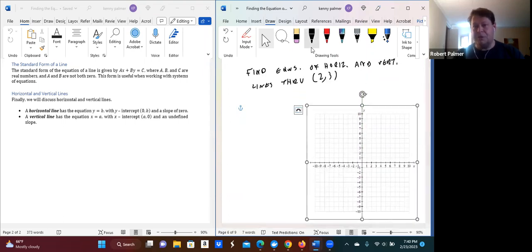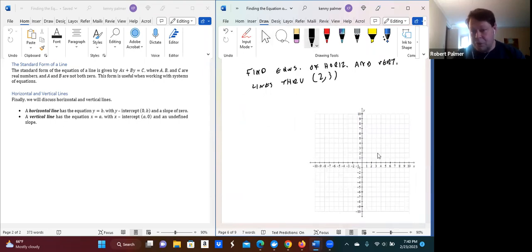Okay, so first, let's just find this point on here, 2, 3. 2, 3 is right here. Of course, the x-coordinate is 2, the y-coordinate is 3. So let's say we do the horizontal line first. It doesn't matter which one.